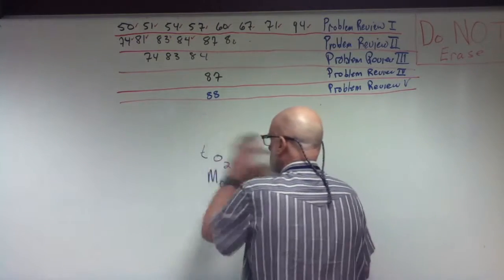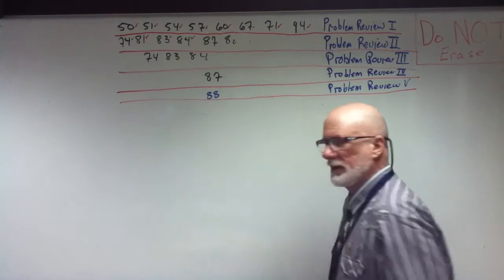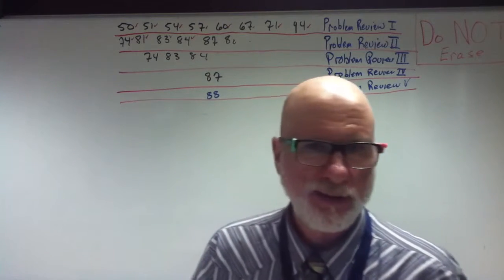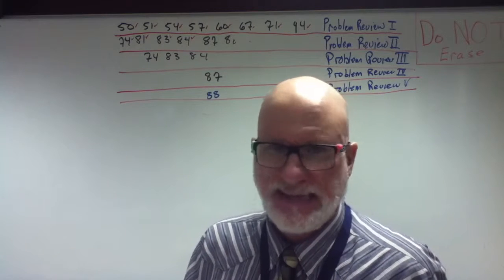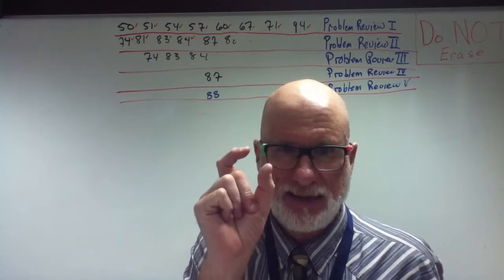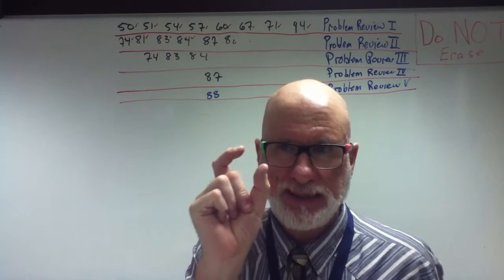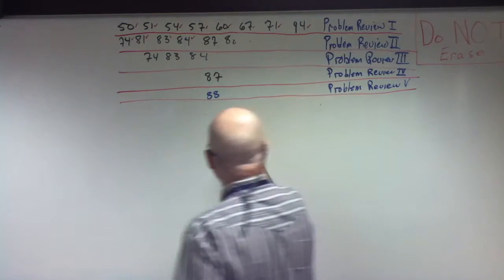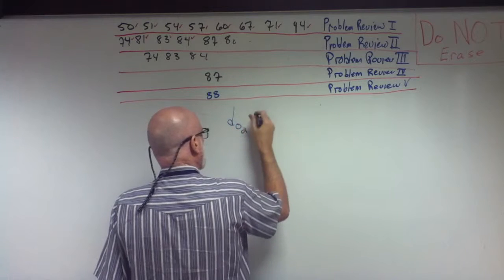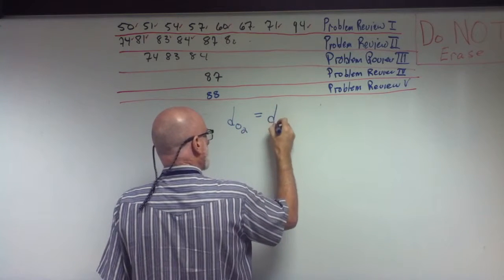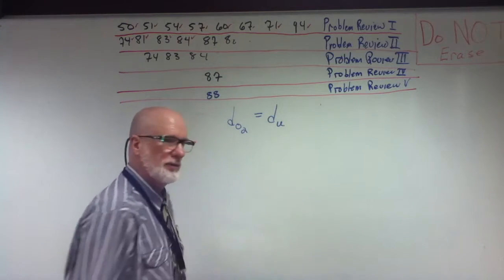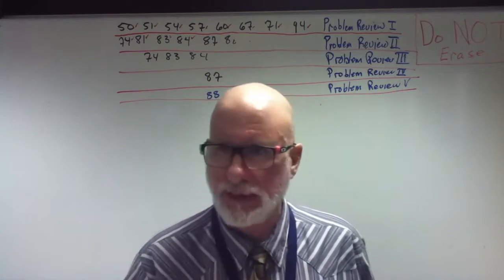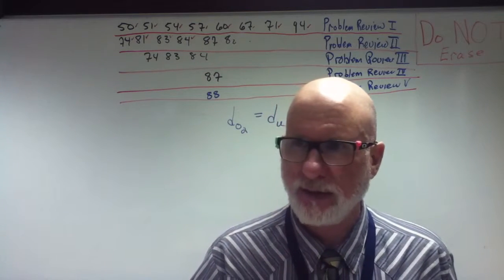All right, so let's set up the equation. Oh, there's one more thing I need to tell you. It said that the distances are the same, correct? We're assuming the distances are the same. So distance traveled by oxygen equals the distance traveled by the unknown. Yes or no?